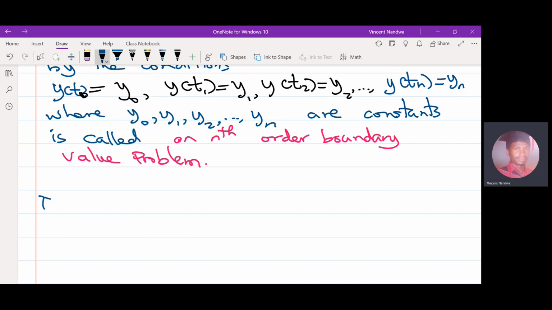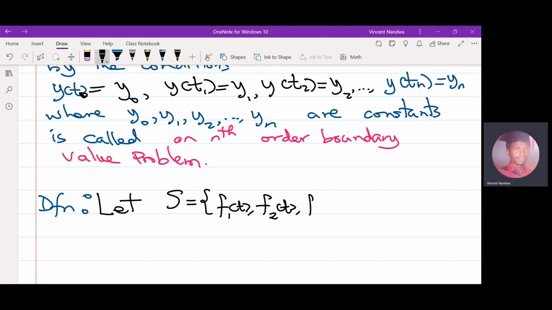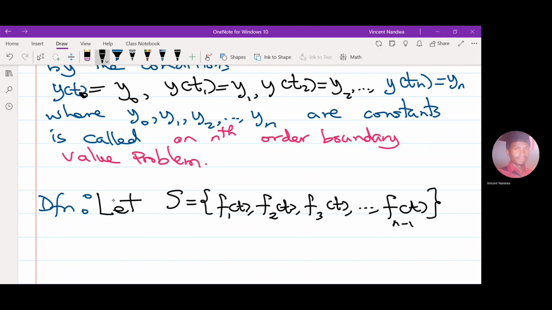So definition: let S be the set of these functions f1, f2, f3, all the way up to fn minus 1, be a set of some functions.